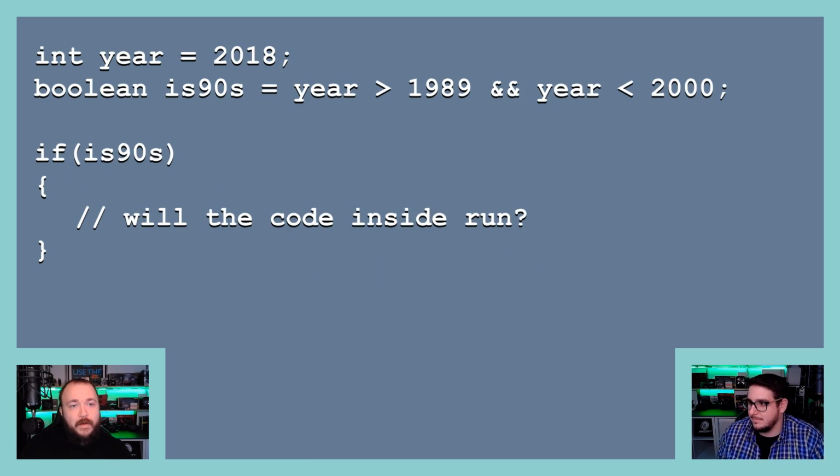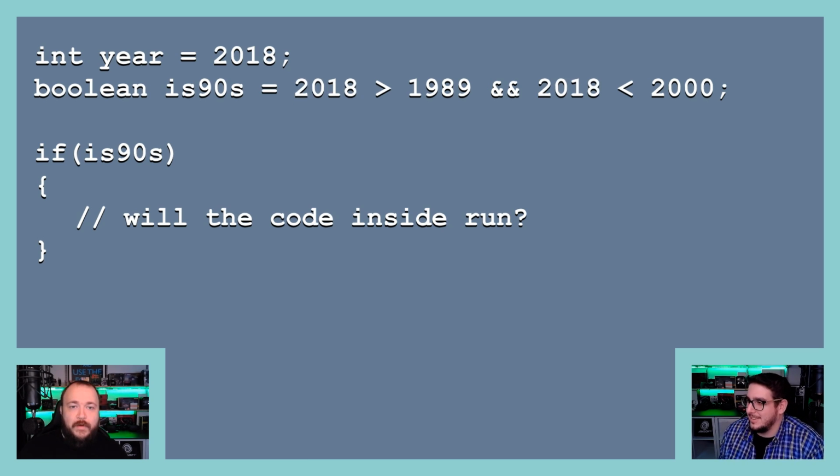And then the last one. So we have year still, 2018. And we want to ask the question, and this is Boolean. Boolean is just like int. Int stores numbers. Boolean stores true and false. So it's all about what do we store. I think it's false, because 2018 is greater than 1989, but 2018 is not less than 2000, so it doesn't fulfill the second half.